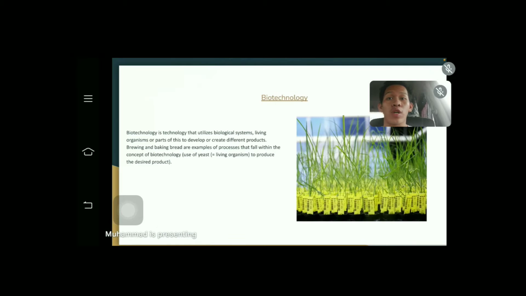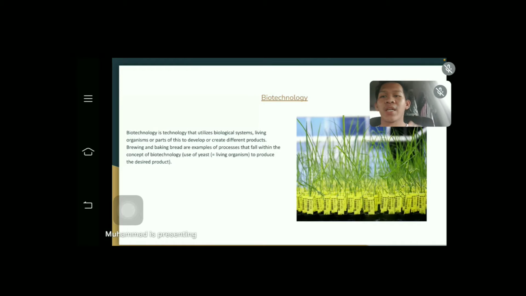So first, we go to the biotechnology. Biotechnology is technology that utilizes biological systems, living organisms or parts of these to develop or create different products.